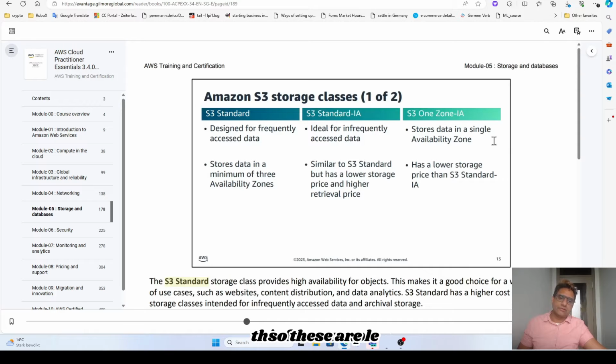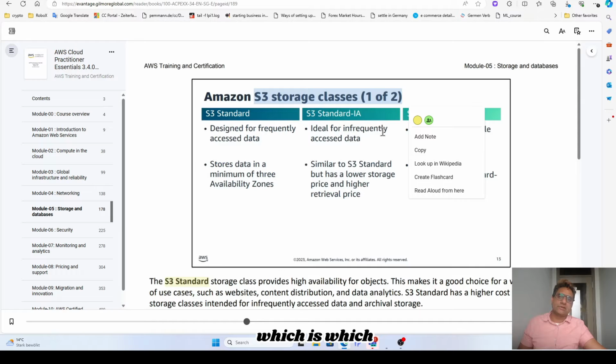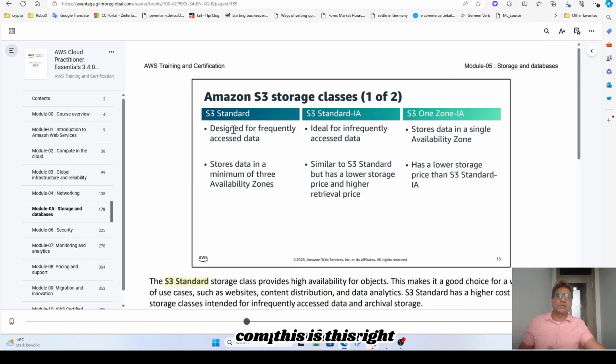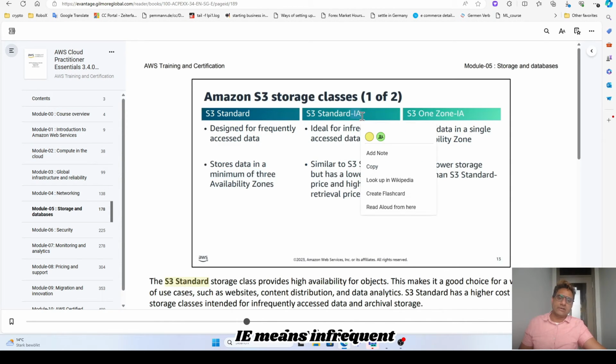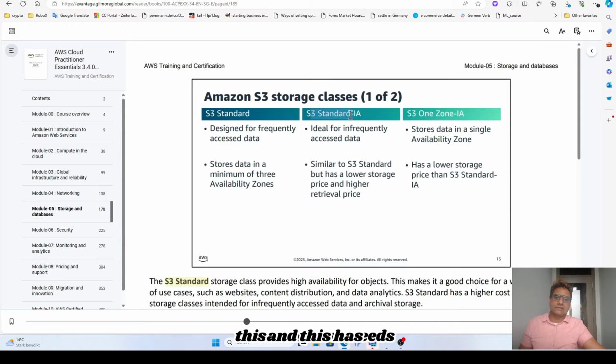So these are three different storage classes or policies which can normally be attached to any S3 bucket. First is S3 Standard, the default option, which is available across 3 availability zones, so if 1 availability zone crashes, your data is still available. It's highly available, designed for frequently accessed data which you need often. Second is S3 IEA, infrequent access, for data you need only sometimes.